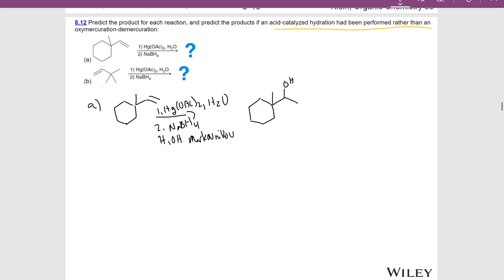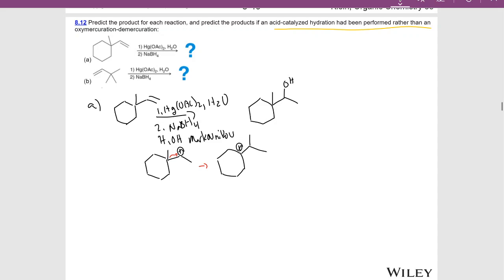And I just won't show that here. Now if we'd had acid catalyzed hydration, let's go ahead and draw the carbocation that we would have formed in the first step. The carbocation would have been here, and that would have been subject to a rearrangement, or a methyl shift, to produce a tertiary carbocation.